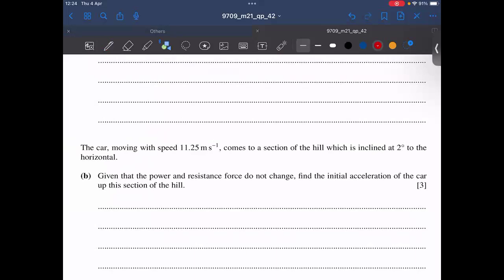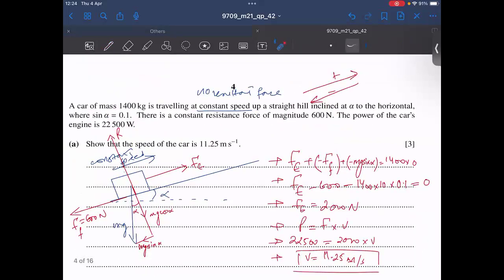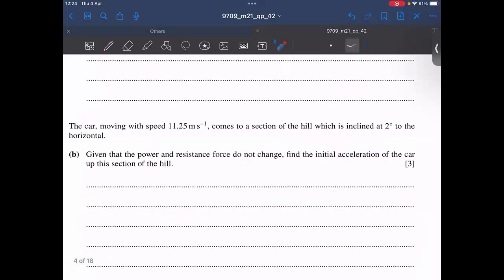Now I'm drawing only this section of the hill. Basically, you can say that it is like this.